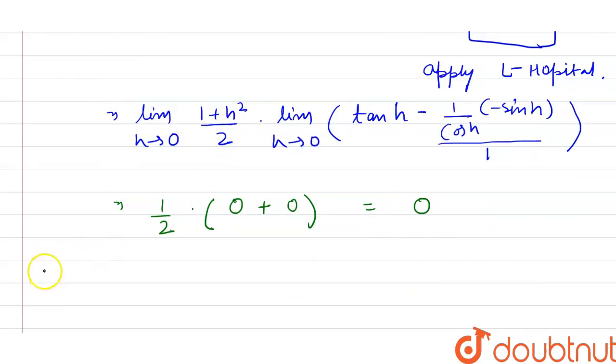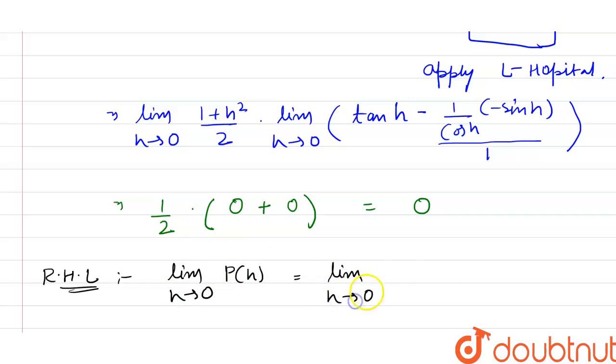Similarly, if we find the RHL, this is equal to limit h tends to 0 of p h, which is equal to limit h tends to 0 of h ln cos of h upon ln 1 plus h square.